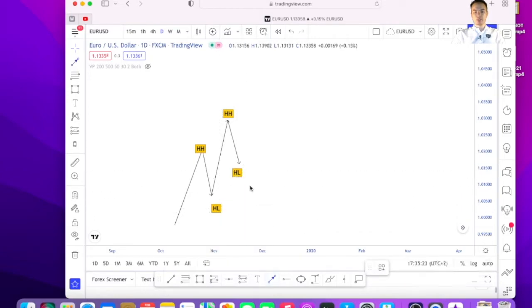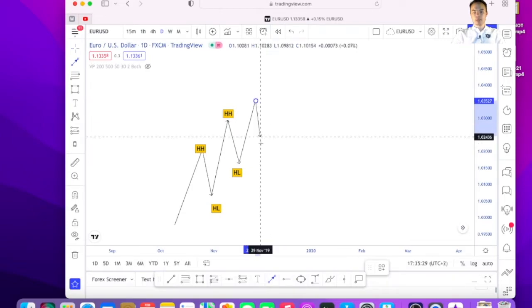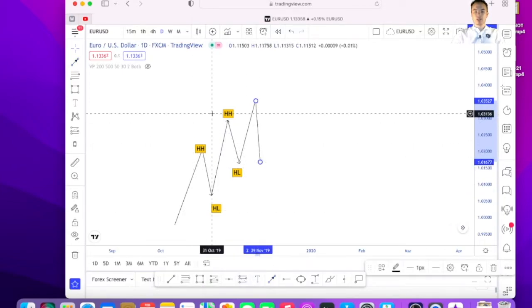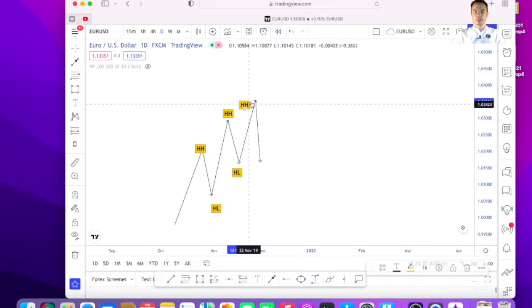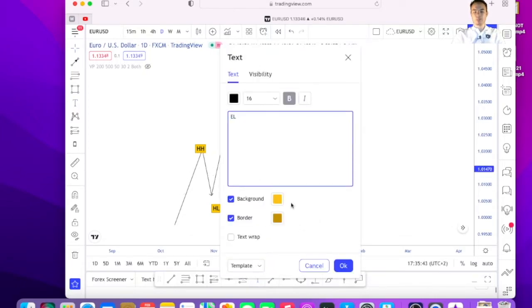So what price does is it pushes up again to form another higher high, comes down. Sometimes it can form a higher low or an equal low. Okay, so it'll have a higher high here. Let's say we'll keep it to equal low. Okay, but it can be a higher low, equal low.